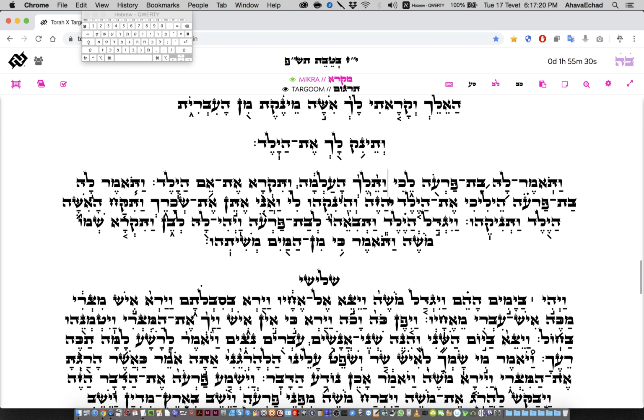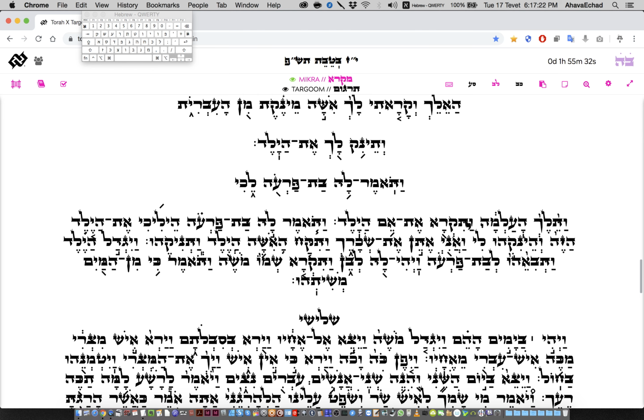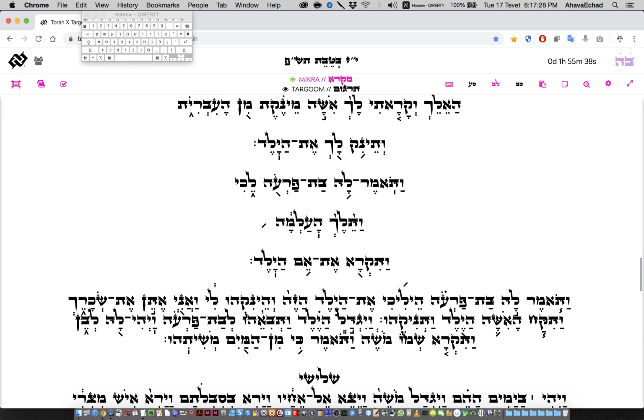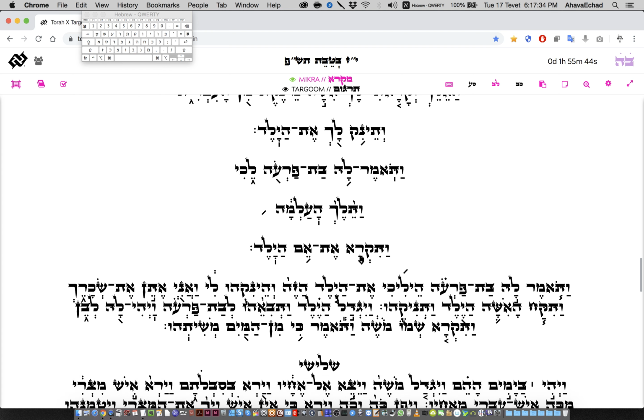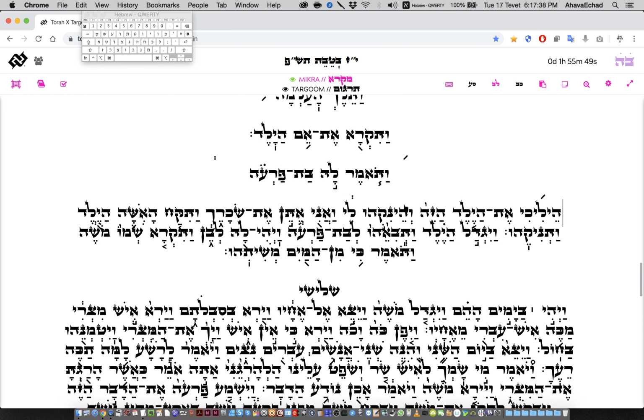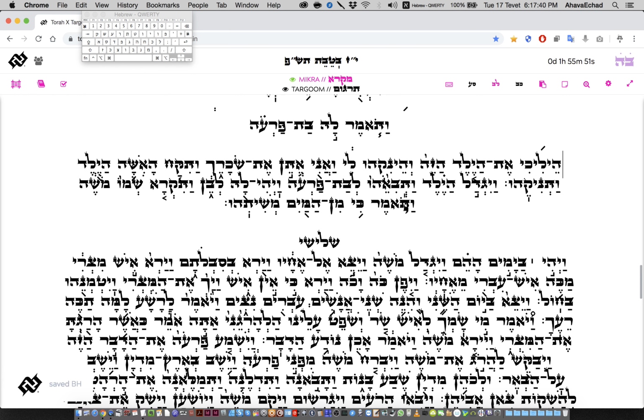V'tomer la bat Paro lechi. And she said, yes, go, essentially, I agree. That's a good idea. V'tikra et em hayeled, and Miriam goes and calls the mother of Moshe to nurse Moshe. And what does bat Paro command her? V'tomer la bat Paro, Helichi et hayeled hazeh, walk with this child, raise him.